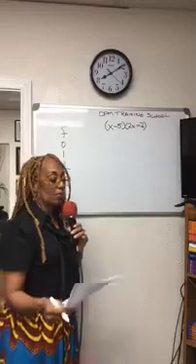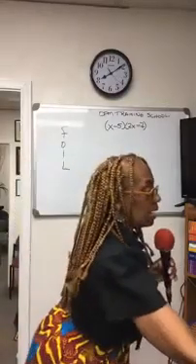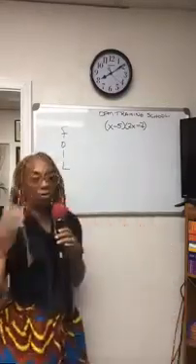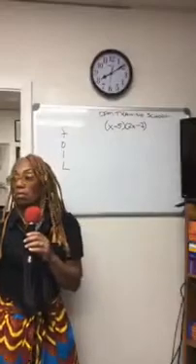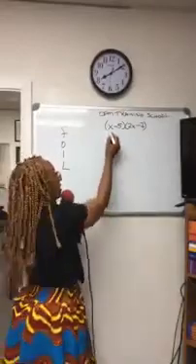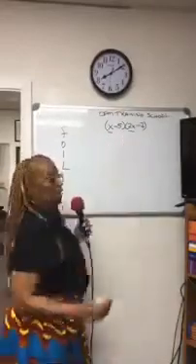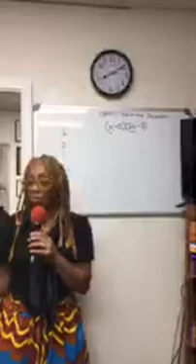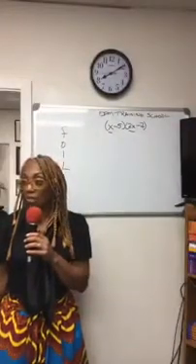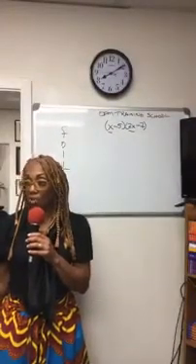All right, so the first thing we do is we multiply our two first terms. Our first two terms are x and 2x. So x times 2x, which is the same thing as 1 times 2. The x is by itself, but it has a 1 in front of it.